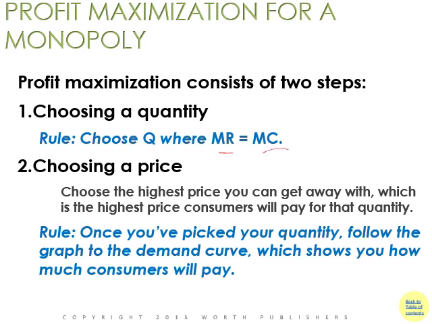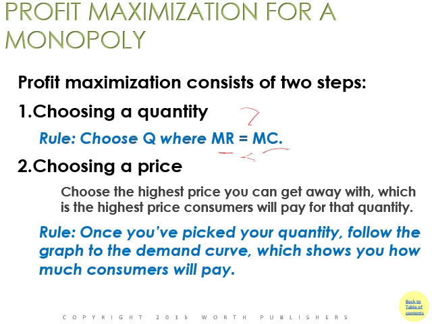If you're at an output level where marginal revenue is greater than marginal cost, you're going to want to expand output. If you're at an output level where marginal revenue is less than marginal cost, you've gone too far and you can reduce output in order to increase your profits.